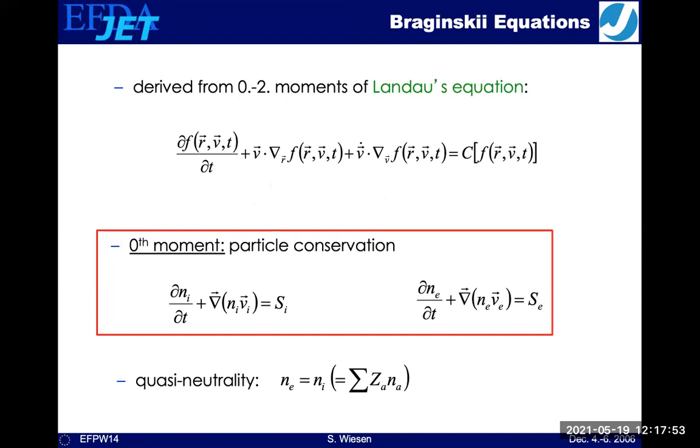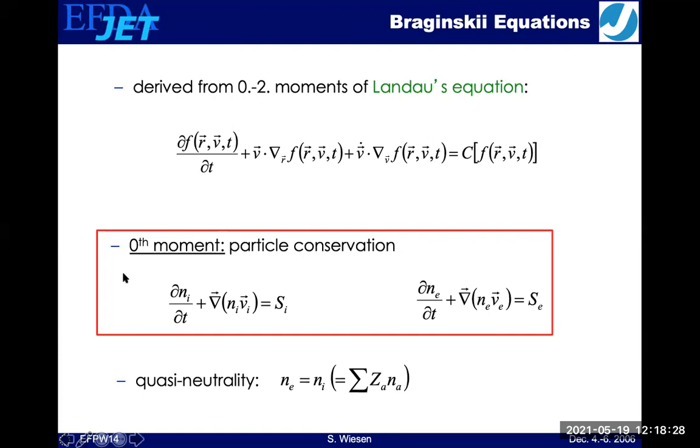The 0th moment will give you the particle conservation equation, so this is the particle content. The first moment will give you the momentum conservation, and the second moment will give you the energy conservation, because it's v to the 0, v to the 1, v squared. So v to the 0 is just particles, v to the 1 is like mass times velocity, and mass times velocity squared is energy. This is how you can imagine it.